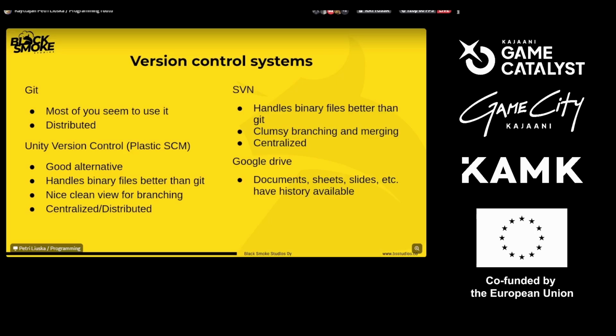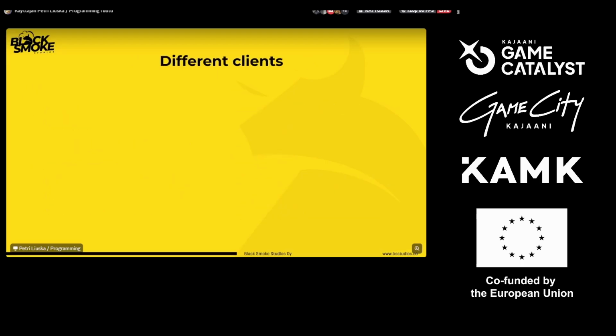Can be quite handy if you haven't done that before. But don't use Google Drive for source code. In the prehistoric, some people used Dropbox for source code and it was awful. But I don't quite know if Dropbox is even a thing anymore. And yeah, Google Drive is centralized.